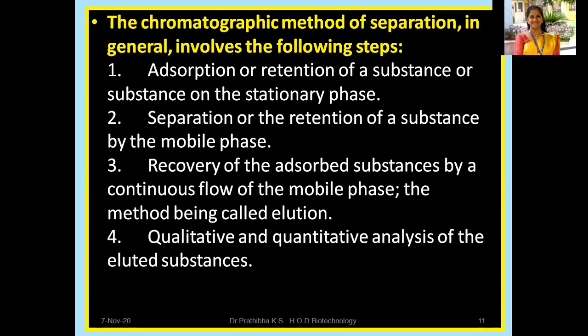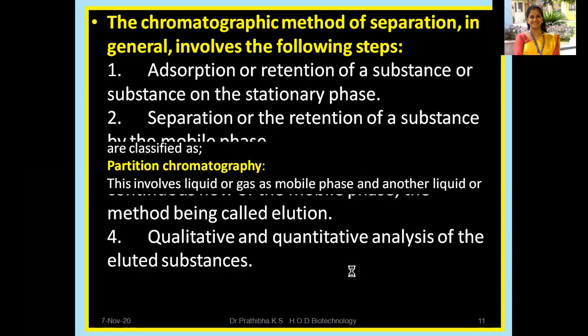The mobile phase will usually be a liquid or maybe a gas which moves through this stationary phase and carries or separates molecules based on their molecular weight and their mobility. Second point, separation or the retention of a substance by the mobile phase. Recovery of the observed substances by a continuous flow of the mobile phase, the method being called elution. Qualitative and quantitative analysis of the eluted substances.